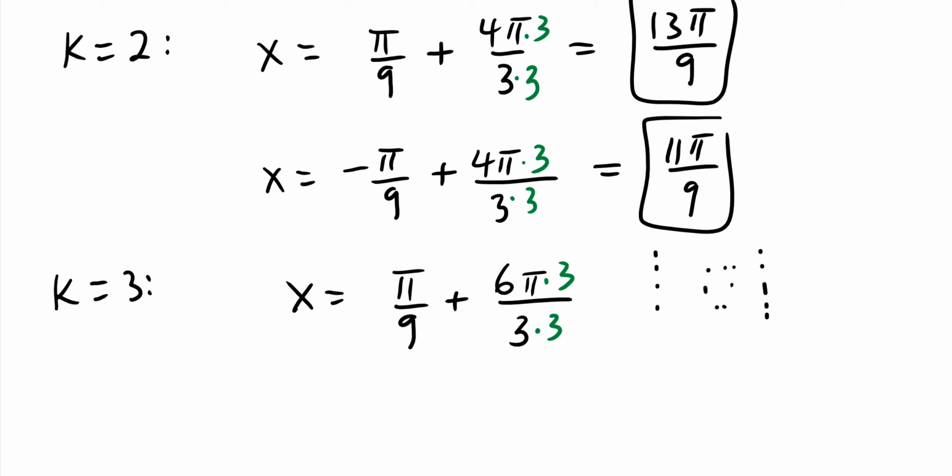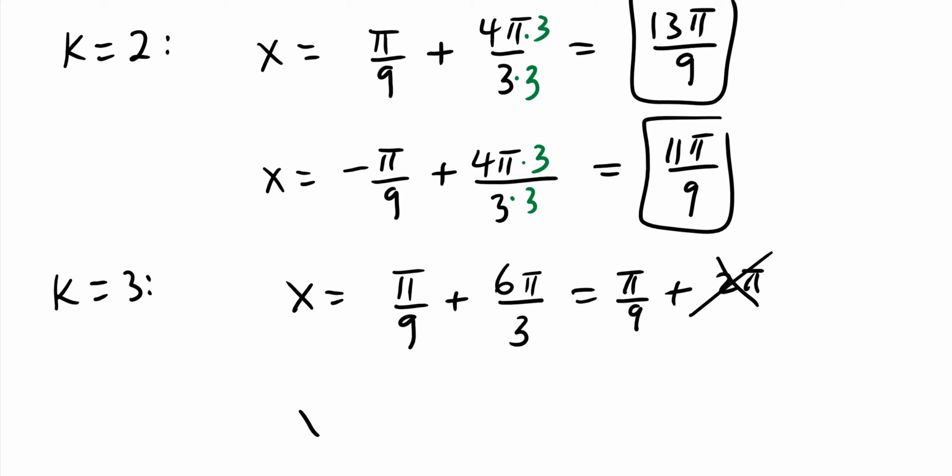It exceeds 2 pi. Another thing to pay attention to here, you could have seen it even without multiplying. This is really pi over 9 plus 2 pi. So 2 pi plus anything is exceeding 2 pi. So that's for the first one, but it doesn't mean it's not going to work on the next one, which is negative pi over 9 plus 6 pi over 3.